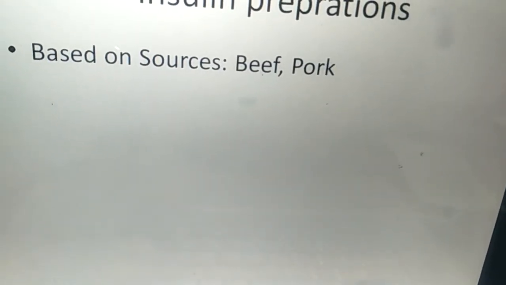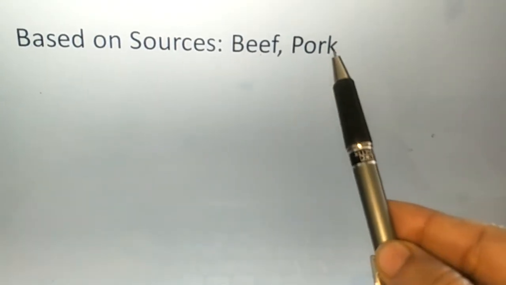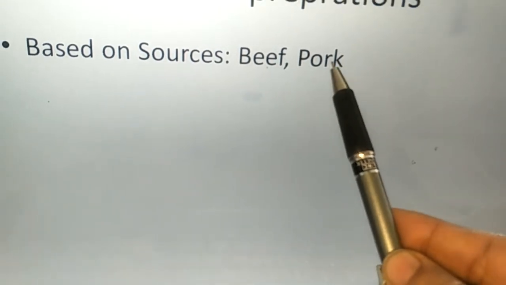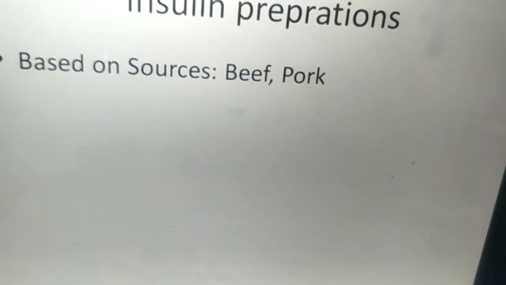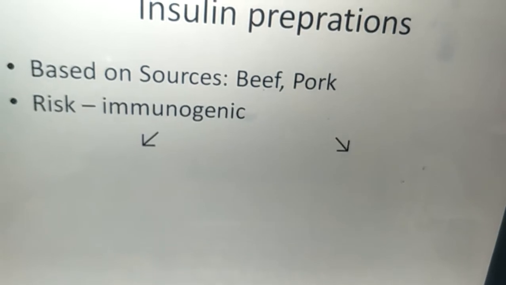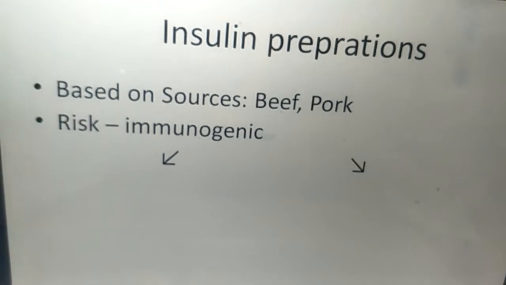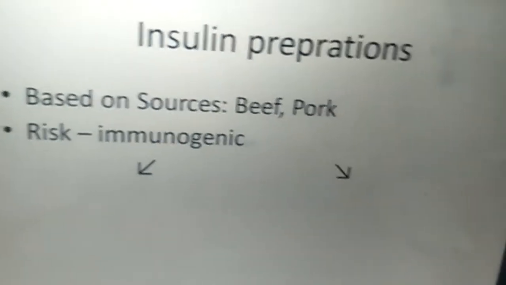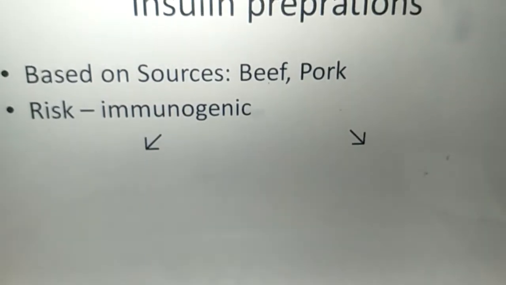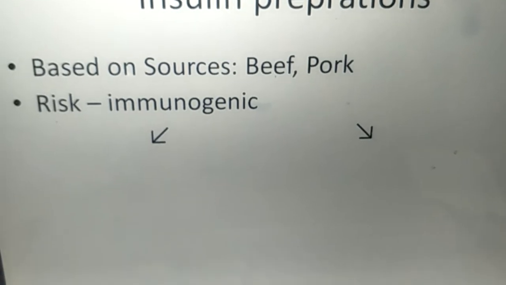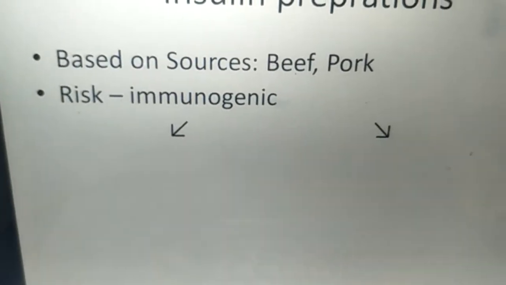So we can say that pork insulin is closer to human insulin as compared to bovine. But as these are proteins and there is difference from the human insulin, there is risk of immunogenic reactions. Immune reactions can occur with bovine as well as porcine insulin.